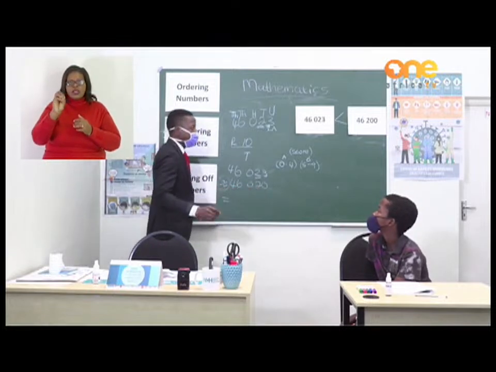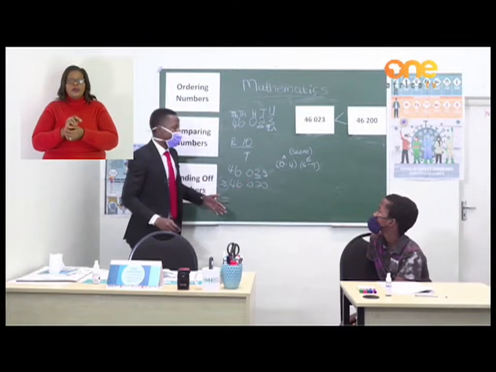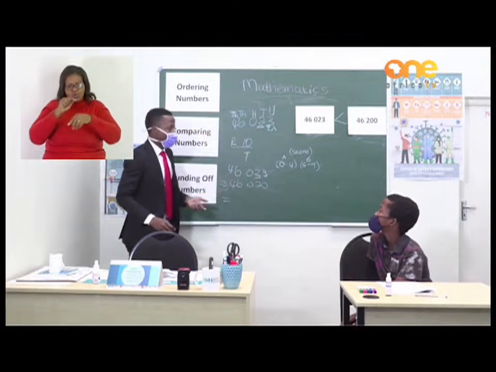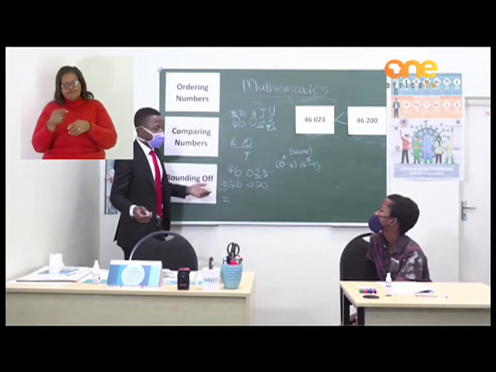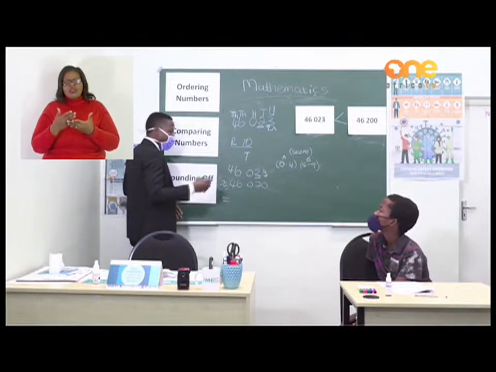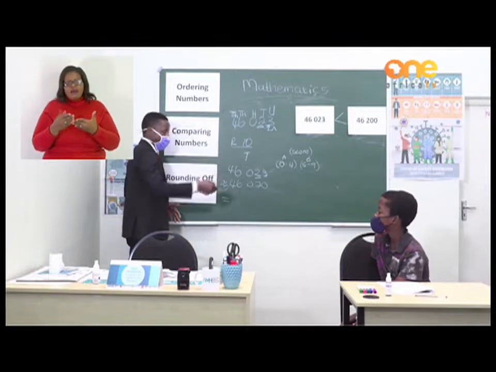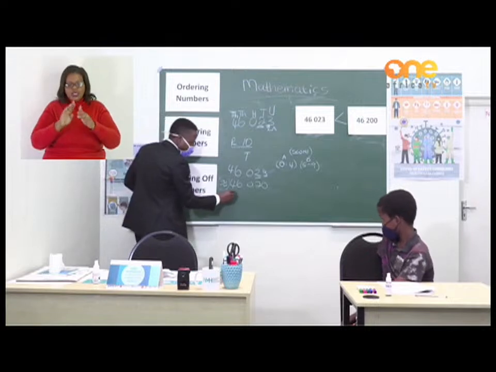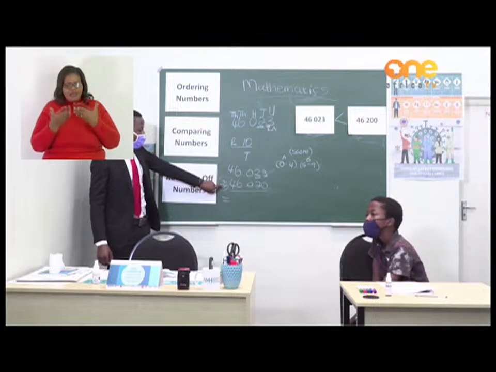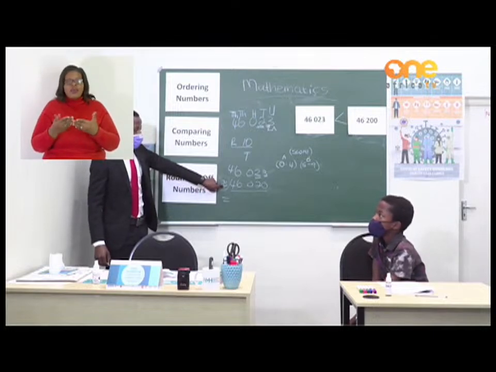It's the same thing as maybe you are at home, you are asked to go buy bread. How much can you go with to the shop? Obviously, you say maybe $20 because you know the bread will be less than that. So it's not the actual price that you are going to pay there. So this is just an estimate. That's why we use approximation.